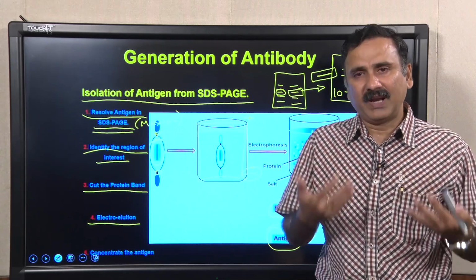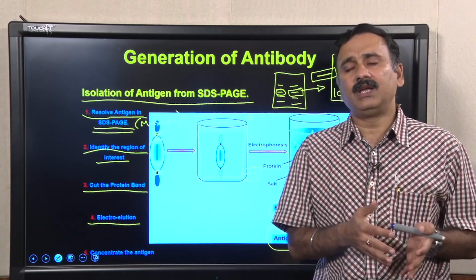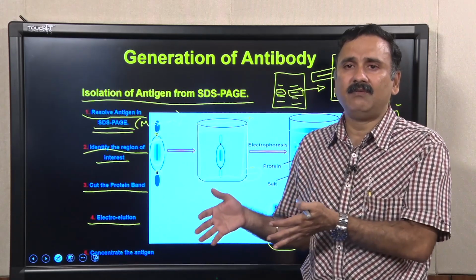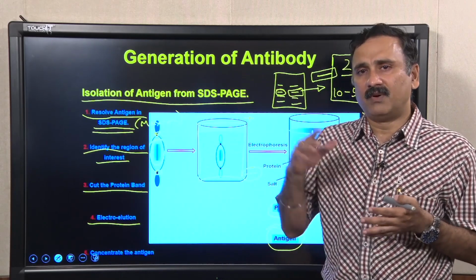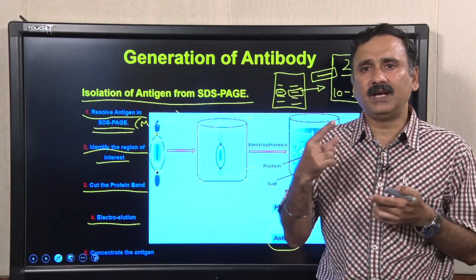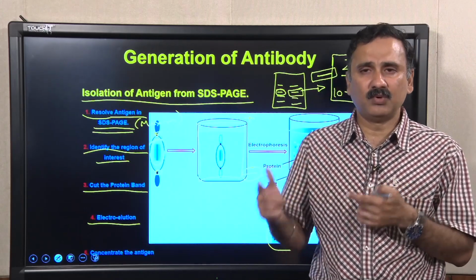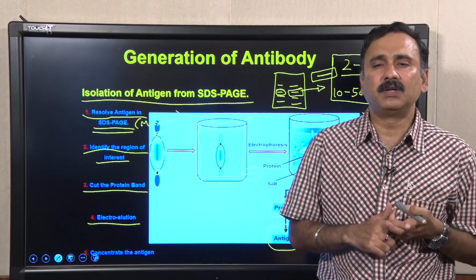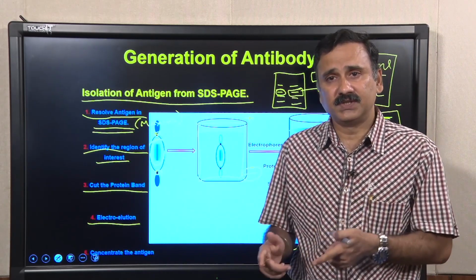To explain this procedure in more detail, I would like to take you to my laboratory, and I will show you a demo where we perform these steps, so that it becomes easier for you to follow them in your laboratory and isolate the antigens under denaturing conditions.